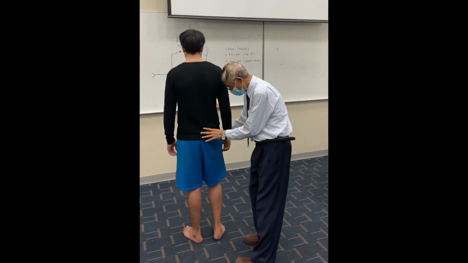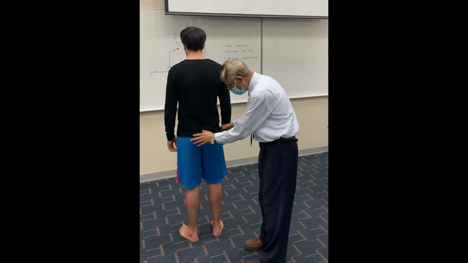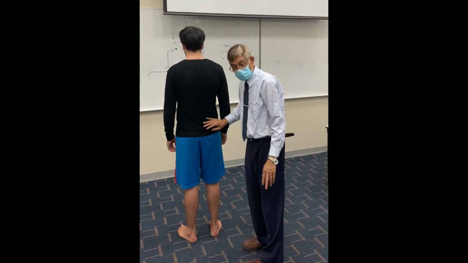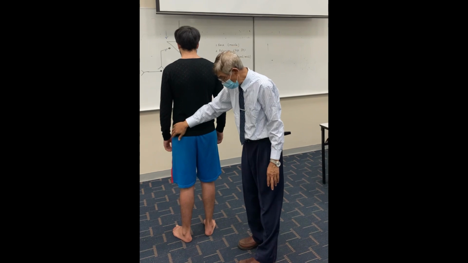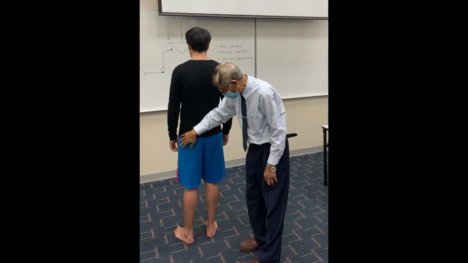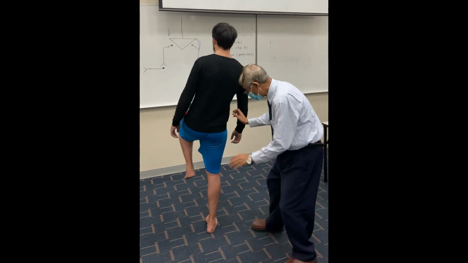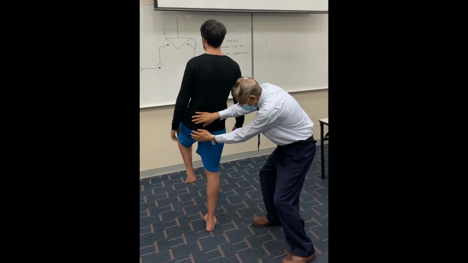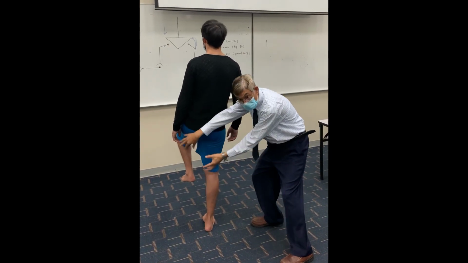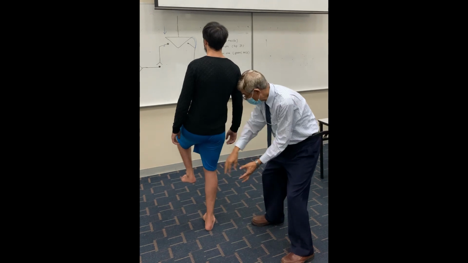Now, he will stand on the disease side, and then he will lift the normal side. Now you lift the normal side. So the pelvis wants to go down on the left, normal side.